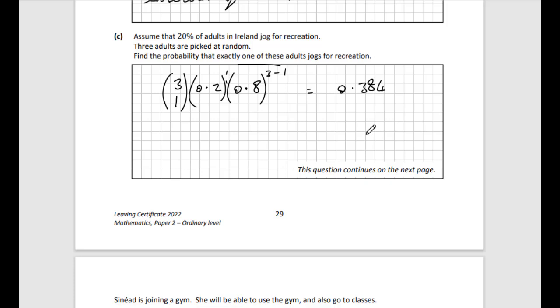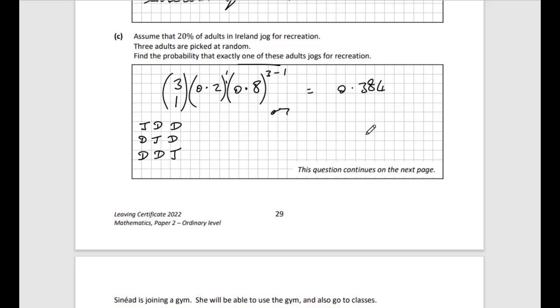Okay, or you can look at it another way. You can just say, well, what are the possibilities? If you pick 3 people, they jog, they don't jog, they don't jog; they don't jog, they jog, they don't jog; they don't jog, they don't jog, they jog. And you do the 3 of those and add them up.